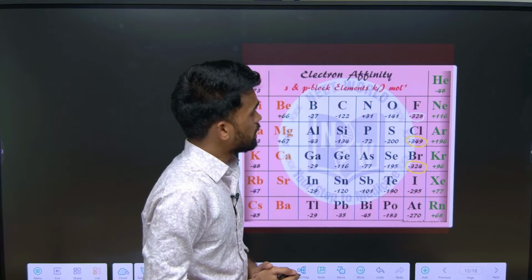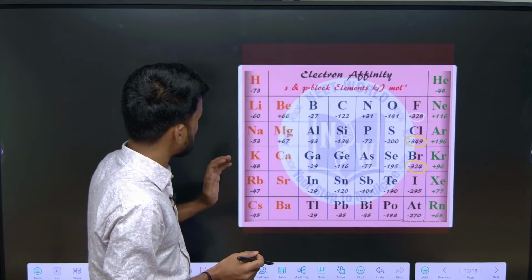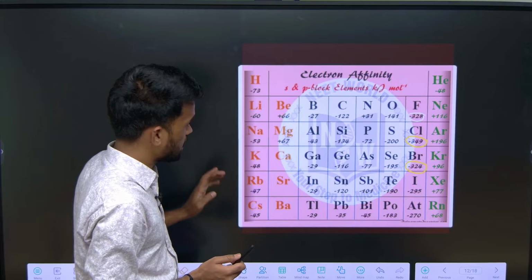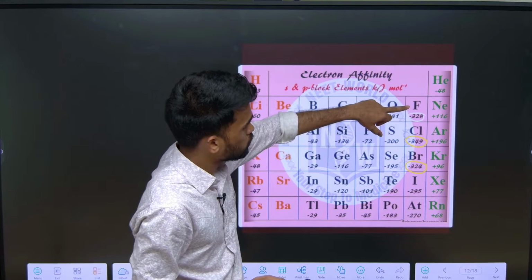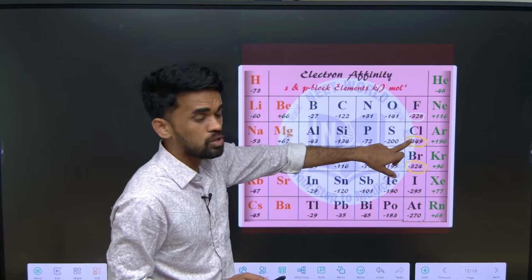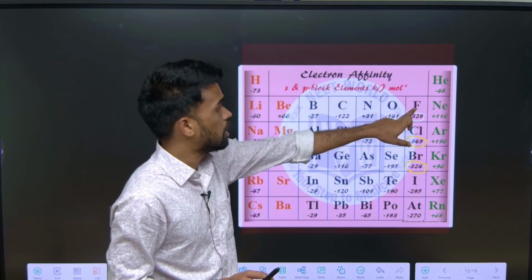Generally for other elements, down the group the value decreases, becoming less negative. But when it comes to fluorine and chlorine, the value for chlorine is more negative than fluorine. Why?